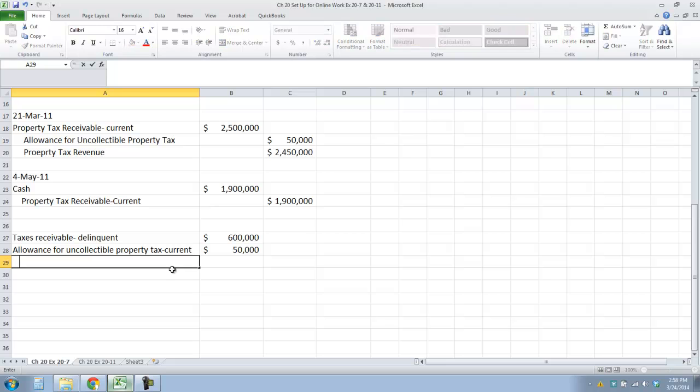And then we are going to add taxes receivable property tax.